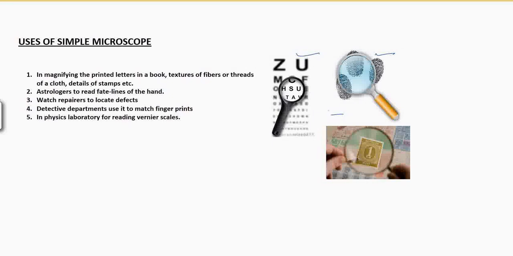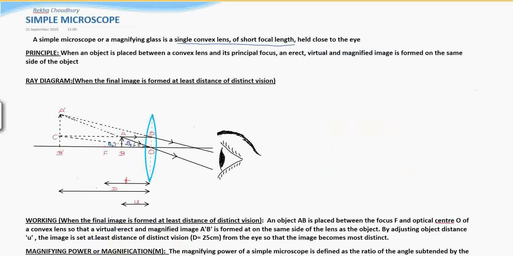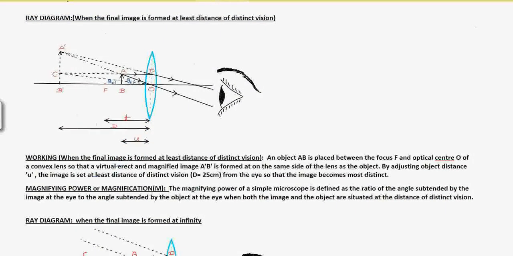So now let us come to the derivation of magnifying power or magnification produced by a simple microscope. See, this is the ray diagram. This ray diagram is for when the final image is formed at the least distance of distinct vision. Here AB is the object which lies between the optical center and focus of this convex lens.